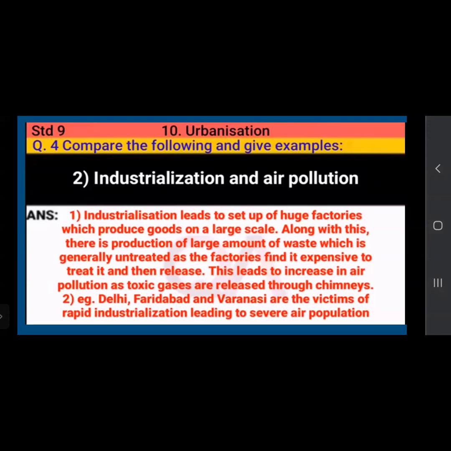But the industrial people or factories don't treat that waste product and directly throw it out. Why? Because it is very expensive to treat it and then release it. So as a result, pollution is on the increase. Examples are Delhi, Faridabad and Varanasi, which are the victims of rapid industrialization leading to severe air pollution.